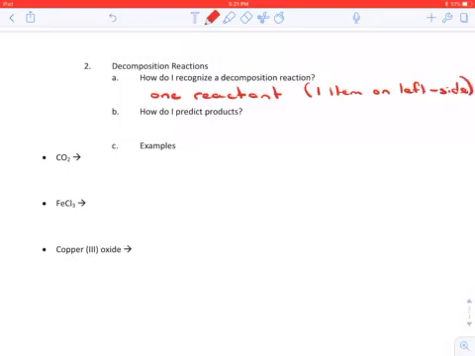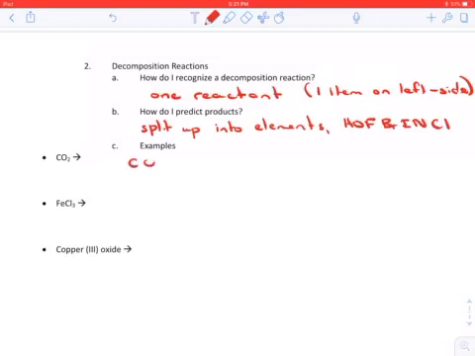And so how do we predict the products? It's exactly the opposite of what we did for synthesis. Instead of squishing them together, we're going to split them up. We're going to split it up into the elements, and we're not going to forget the Hofbrinkel. These are our elements that need a 2 beside them whenever they're by themselves.